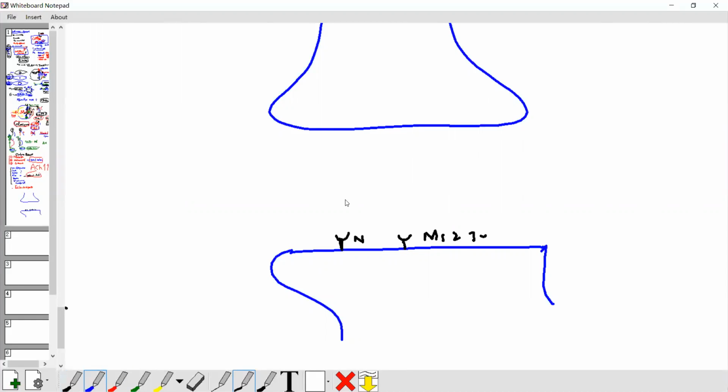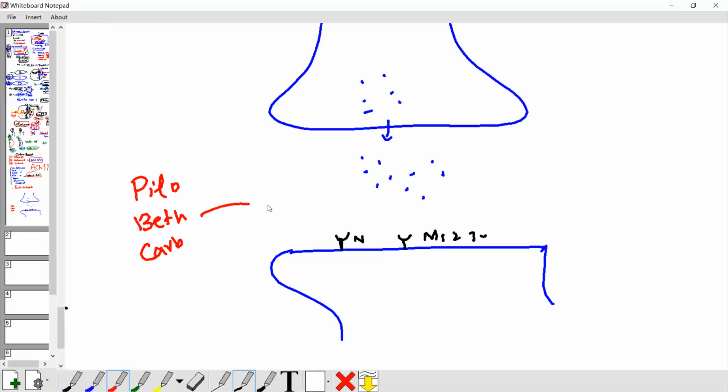Acetylcholine is released from here and attaches here. If we use a drug, for example pilocarpine, bethanechol or carbachol, these drugs attach directly to the receptor. They do the same thing as acetylcholine.